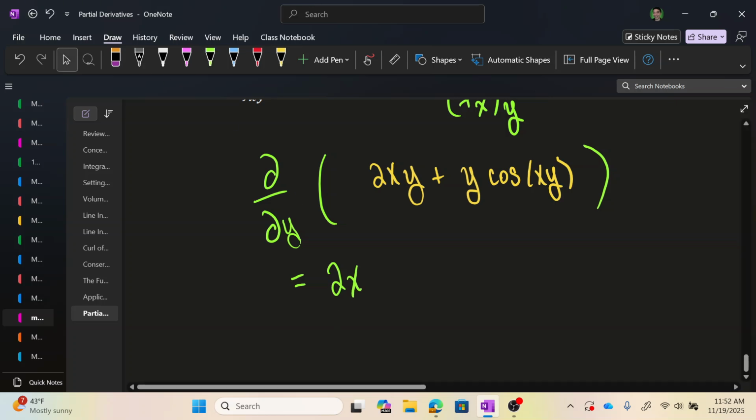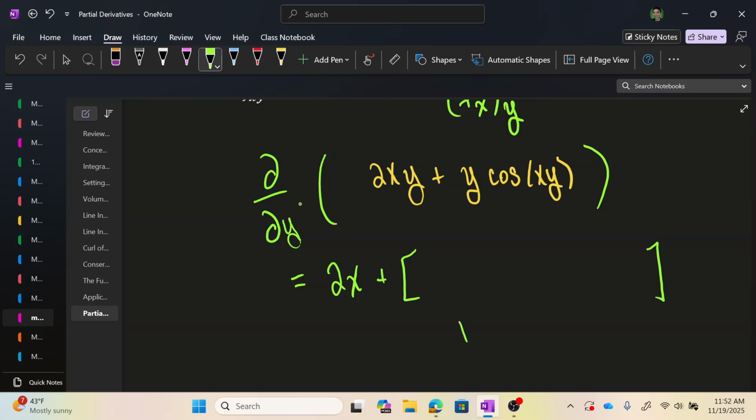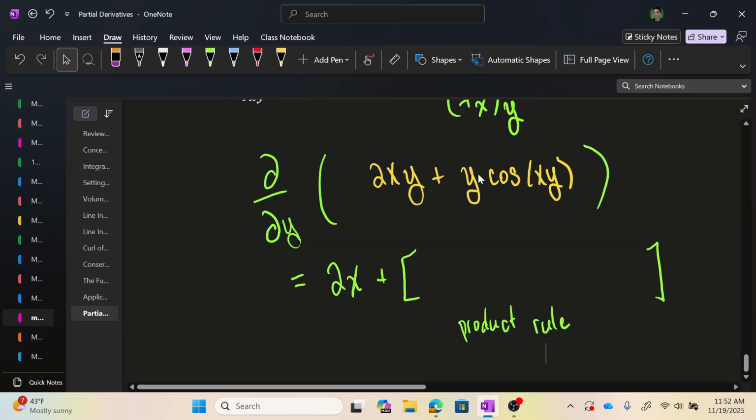And to find the derivative of the term in the back, we're going to need to use product rule, because now y is our variable, so that term in the back is a product of something containing y times something else containing y. So we need to use product rule as opposed to constant multiple rule, because this is two variable quantities multiplied together.